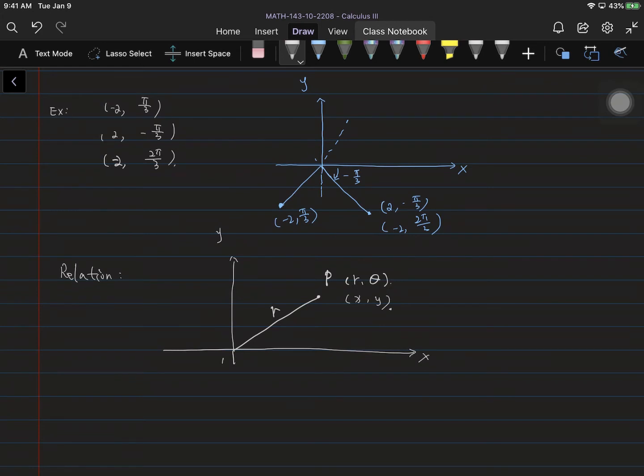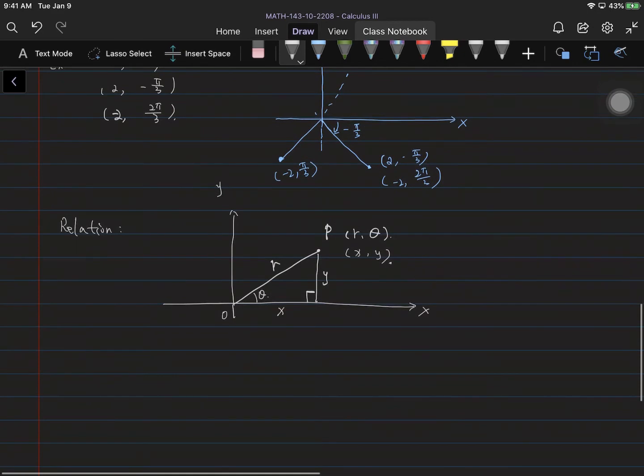R is the distance from O to P, and θ is the angle from the x-axis to OP. If we draw a right triangle like this, here is x, here is y, right? So x equals r times cosine θ, and y equals r times sine θ.